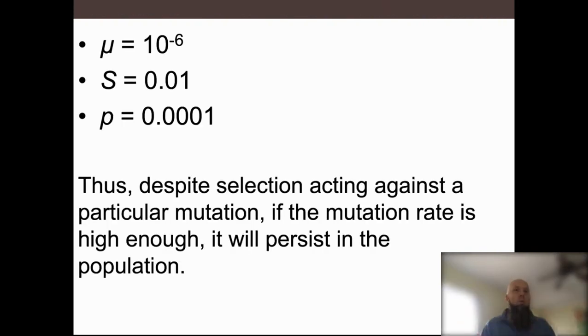So the text goes through an example with the numbers that are here, but as you can see, even with low selection, 1% selection acting against a particular mutation, and this is an average mutation rate, you can end up with a pretty low frequency of this allele persisting throughout time. So even though selection might act against a mutation, if the mutation rate's high enough, it'll stick around in the population.